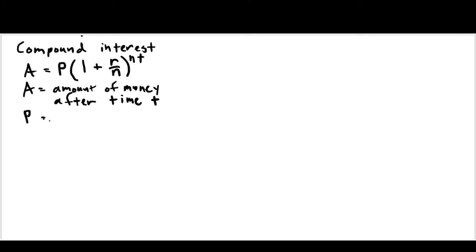P is the principal or the starting amount of money. R is the interest rate as a decimal. And N is the number of compounding periods per year.